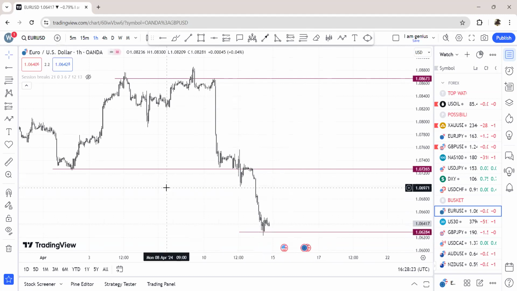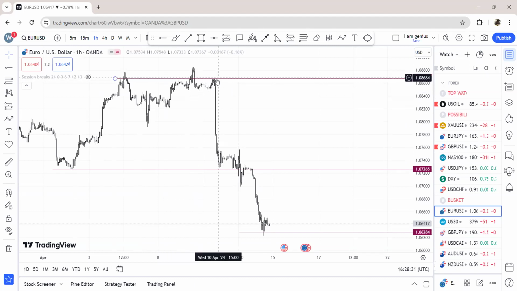Now here, basically what I'm doing, I'm just identifying the most recent levels where the market has just made either support or resistance levels.